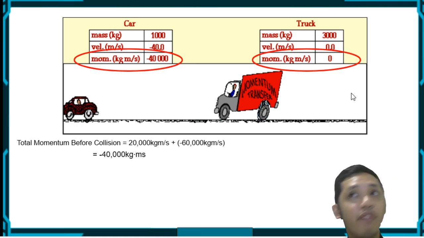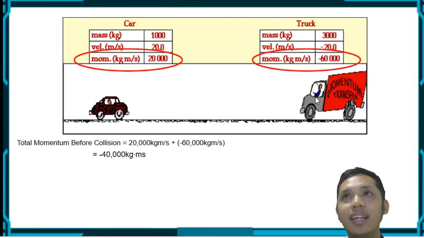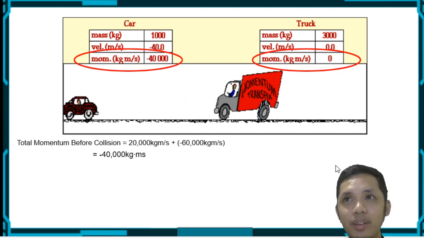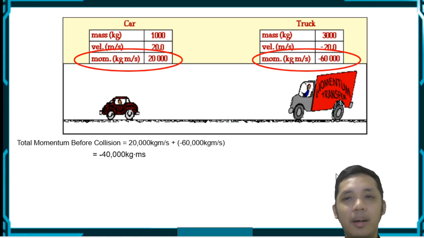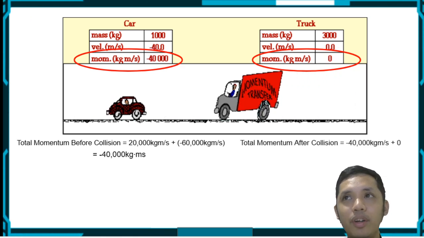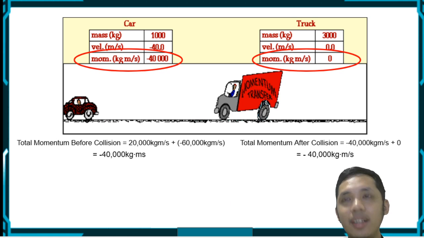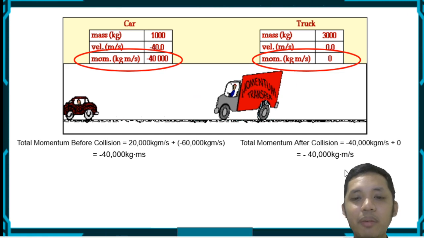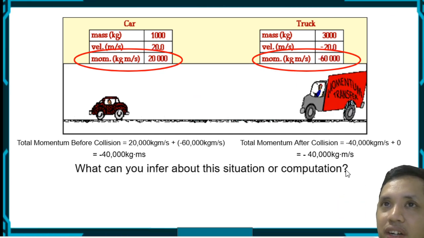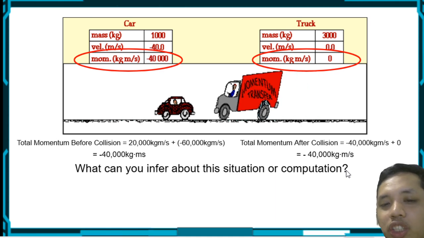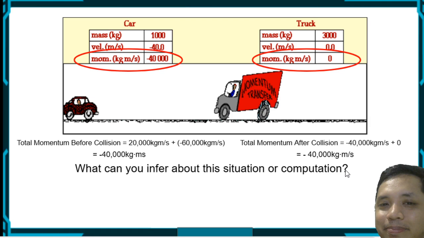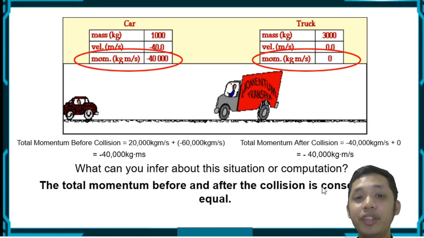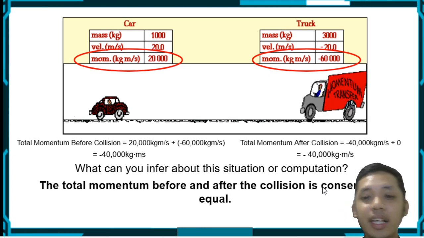And then, for the second vehicle, its momentum after the collision becomes 0. So, to sum them up, we'll have negative 40,000 kilograms meters per second. And with this in mind, what can we infer about this computation or situation? So obviously, we can infer that the total momentum before and after the collision is conserved or equal.